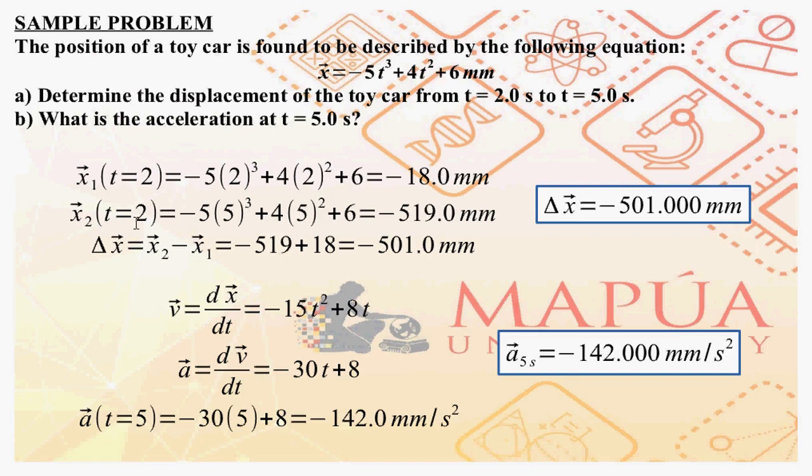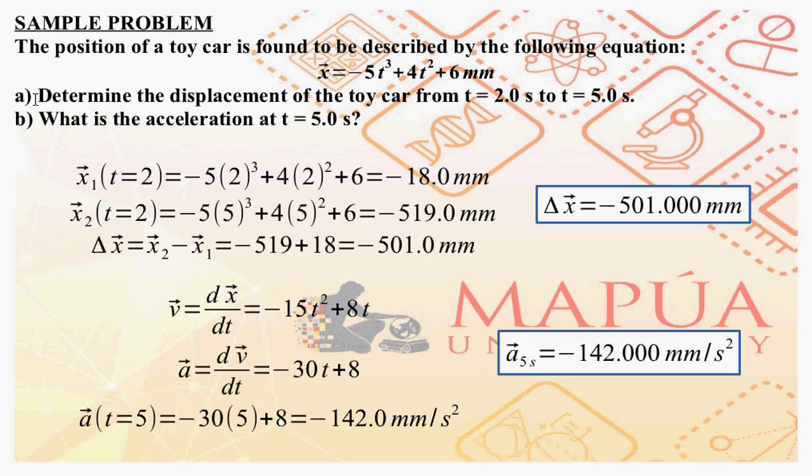Some other problems might give you an equation for velocity or an equation for acceleration. Depending on what is being asked, you might have to either differentiate or integrate the equation provided. So let's go to the first part.